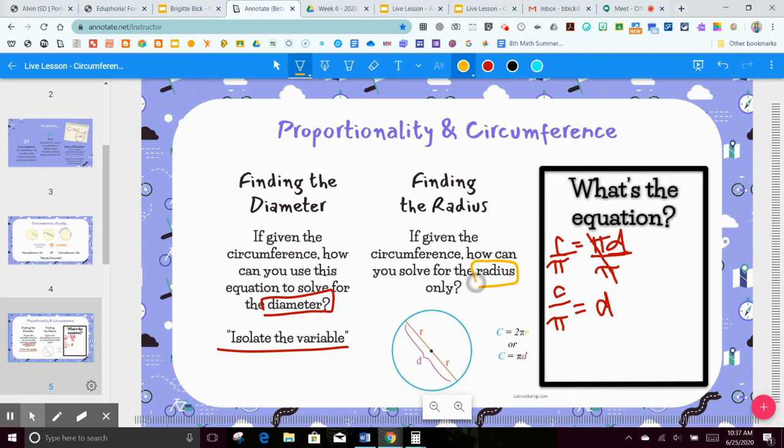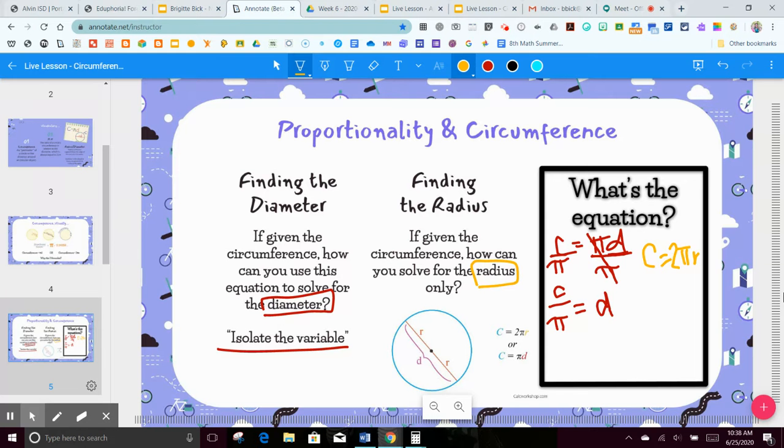So to find radius, we know that circumference equals 2 times pi times r. And the reason this is true is because we know that diameter is all the way across the circle and radius is only halfway. So 2 of the radiuses, radii, equals the diameter. So if it was pi times diameter, then it has to be pi times radius times 2.